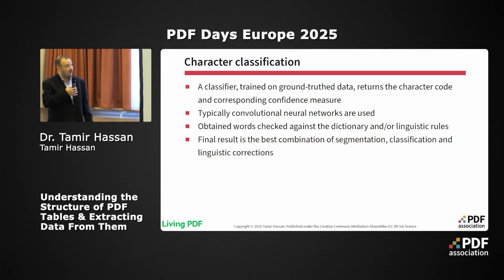And machine learning basically is used to perform the classification. Typically, what's used today quite often is some kind of neural network, convolutional neural network, and it's difficult to know actually how it works inside.